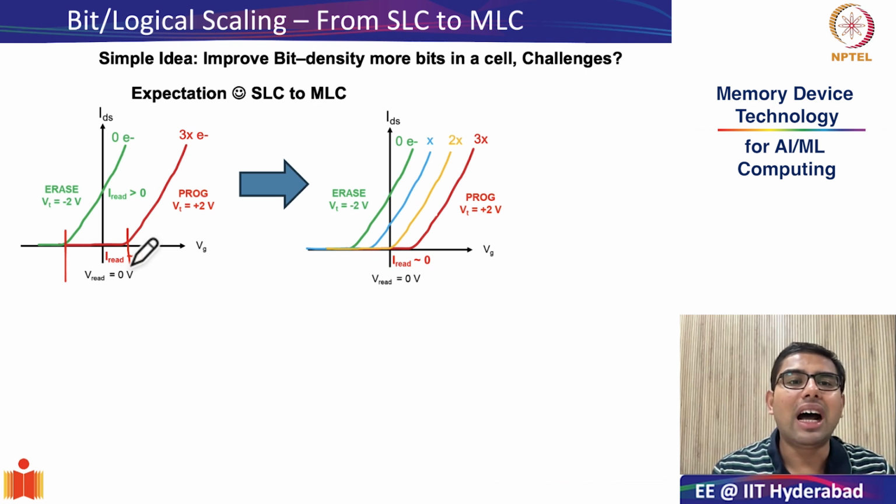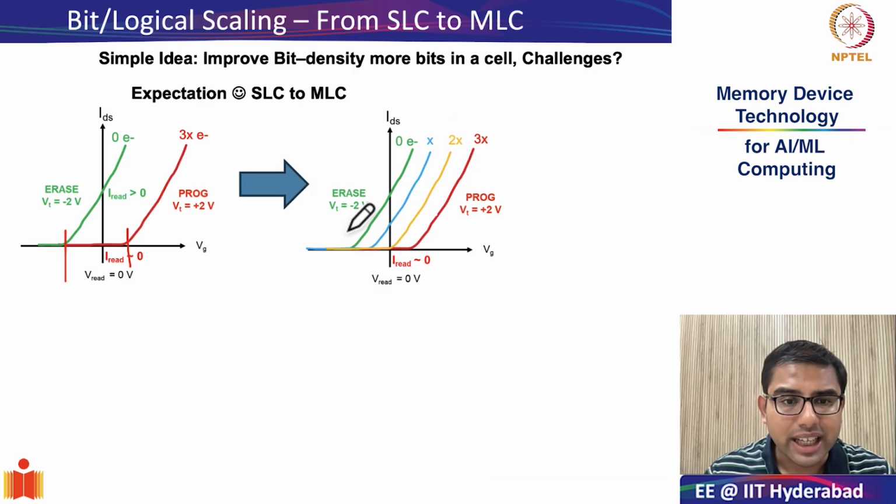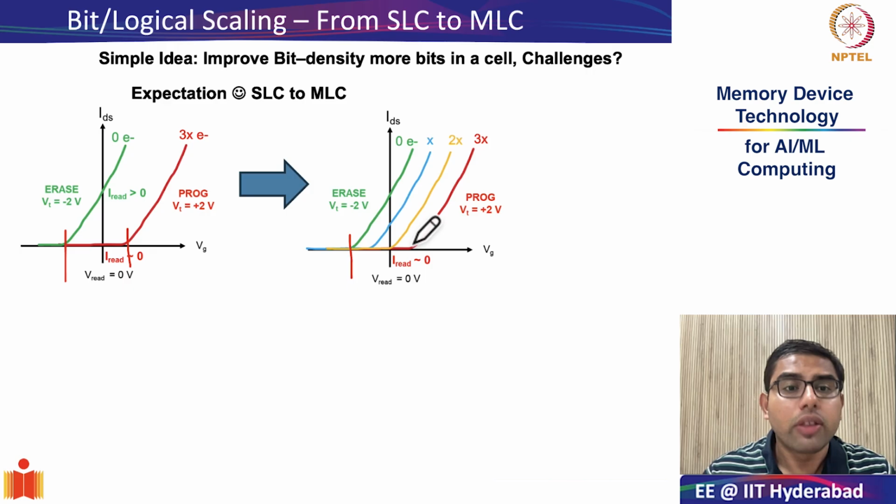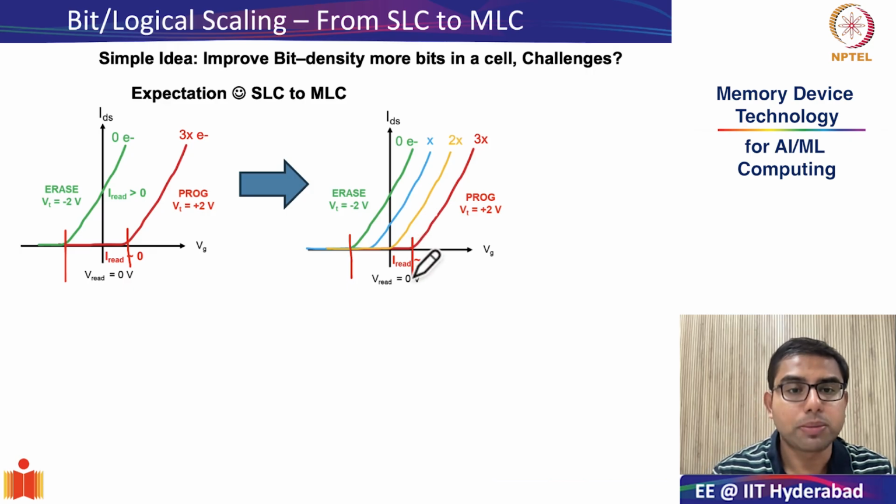The simple way of trying to do that would be to have intermediary states and intermediary threshold voltages in your cell. For example, the erase state in our example had a threshold voltage of -2 volts, and the threshold voltage at the program state was +2 volts.